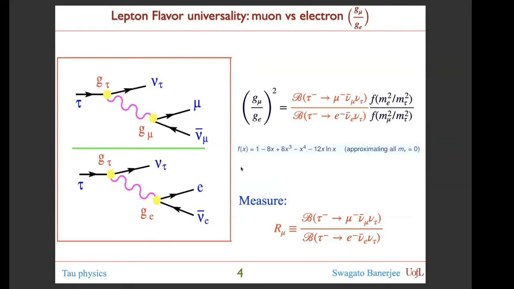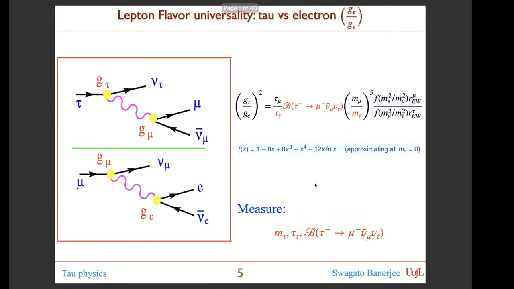We can measure this ratio, and the square of it gives G mu over G e squared. From the ratio of tau to muon, and muon goes to electron, which is almost 100%, we can see that in this ratio the G mu will cancel, and the ratio is sensitive to G tau over G e.